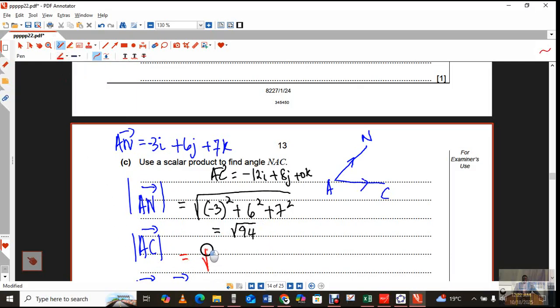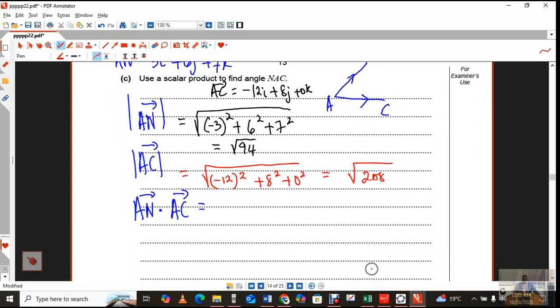AC will be the square root of minus 12, put it in brackets, squared, or you don't have to put a negative. But if you do put a negative, then you're going to put that in brackets, plus 8 squared plus 0 squared, and this is going to give you the square root of 208. So I have the magnitudes now.